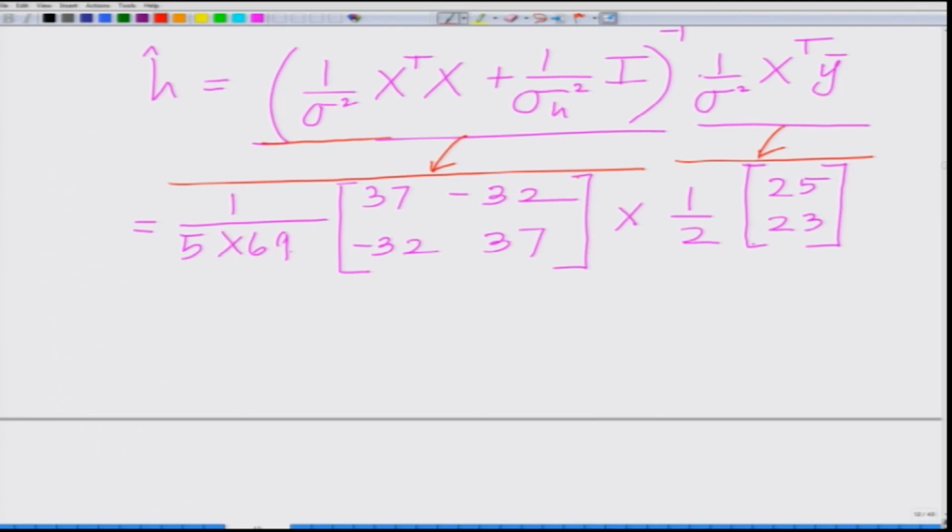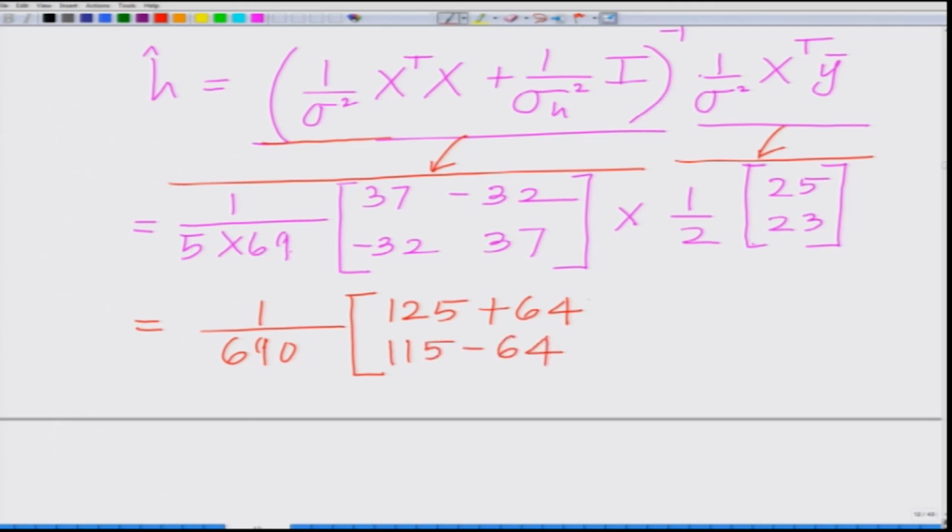And now you multiply these two things together, and what you are going to get is basically 1 over 690 times, and you can check this, 125 plus 64, 115 minus 64, equals 1 over 690 times, well, this becomes 189 comma 115 minus 64, that is 51.